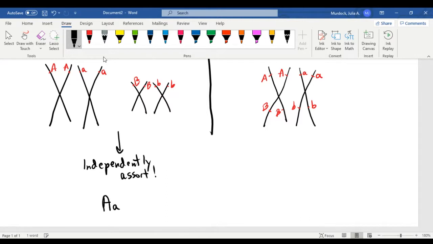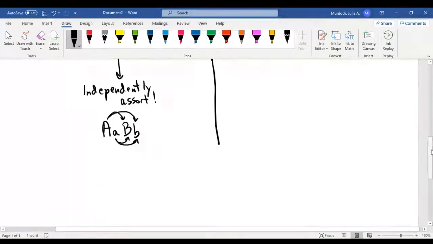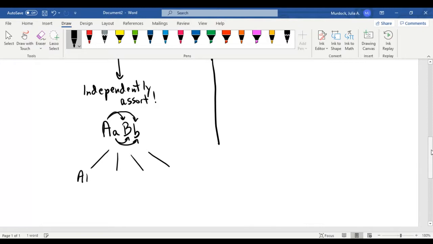When you're figuring out the gametes to go on your Punnett square, each type of A goes with each type of B, right? Each type of A can independently assort with each type of B, and you can therefore get all 4 different types of gametes equally. You could get an AB as often as you could get a little a big B.